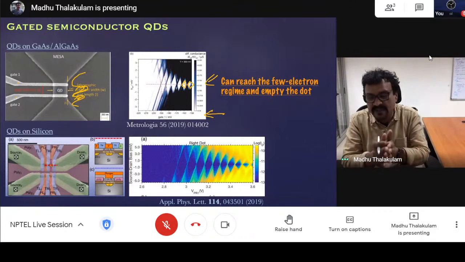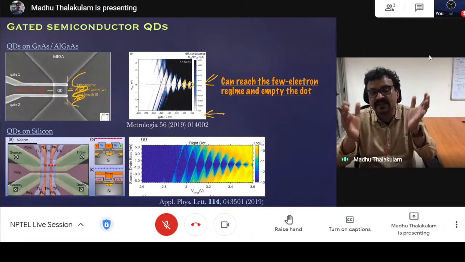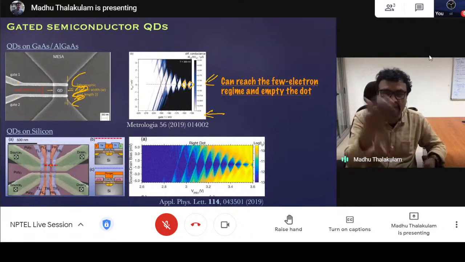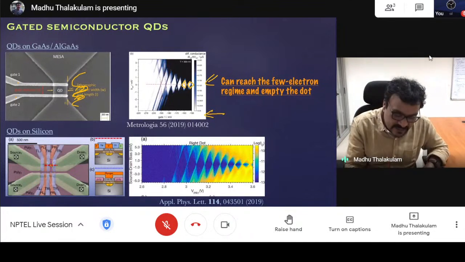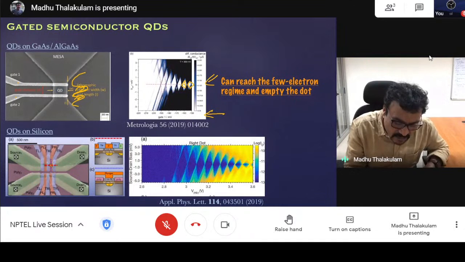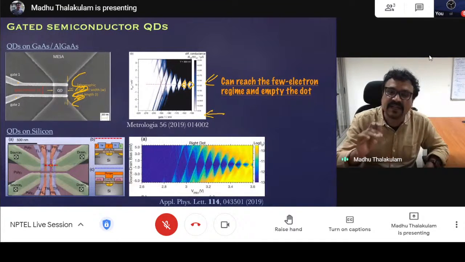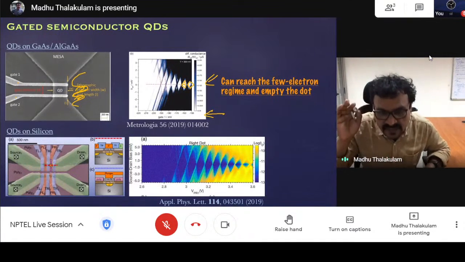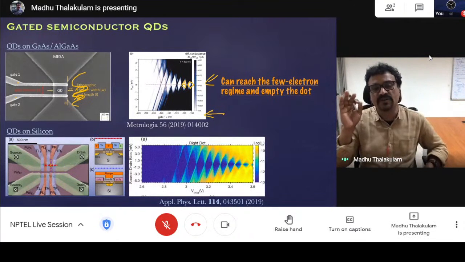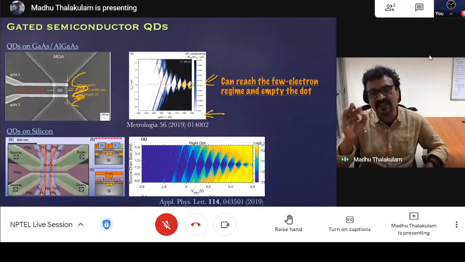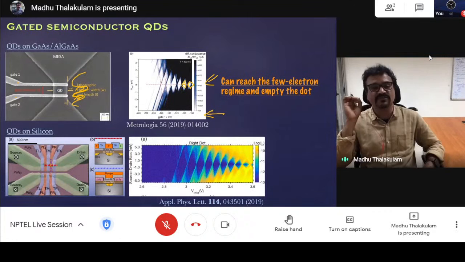That means the size of the Coulomb diamond will increase, and eventually you will empty the dot. So the increase in the size of the diamond is telling you that you are reducing the size of the dot.